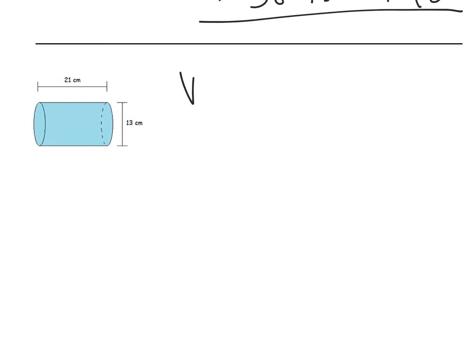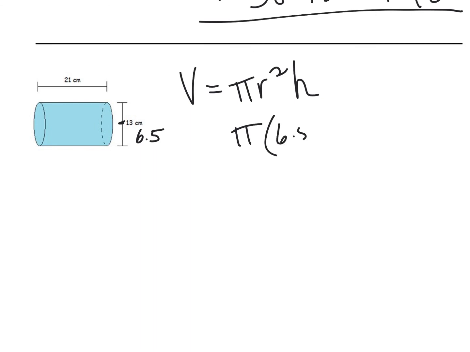Okay, so for volume, our area of our base is pi r squared, and then we're going to multiply by the height. So pi, our radius is 6.5 because that's half of 13. And we're going to square that times the height, which is the distance between our two bases.